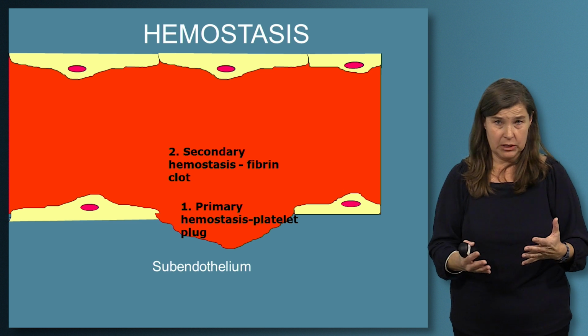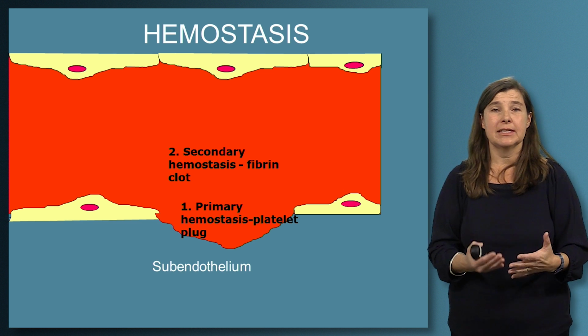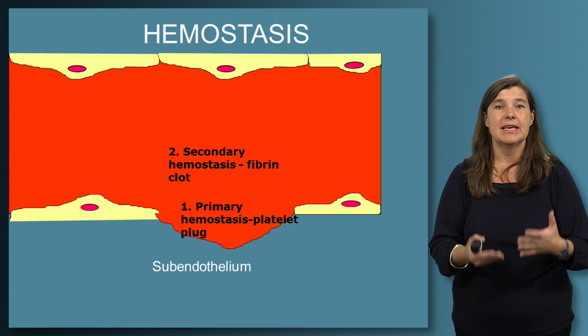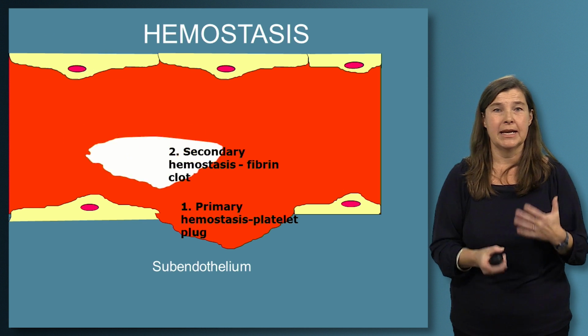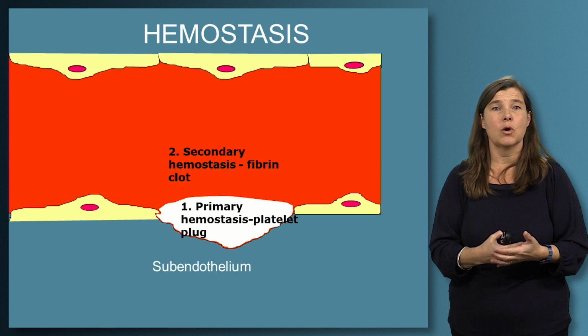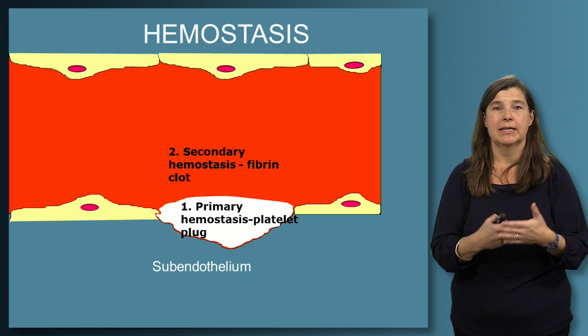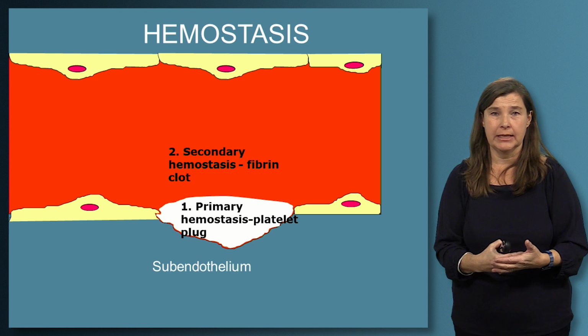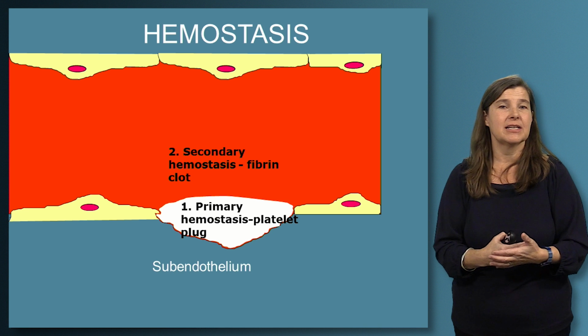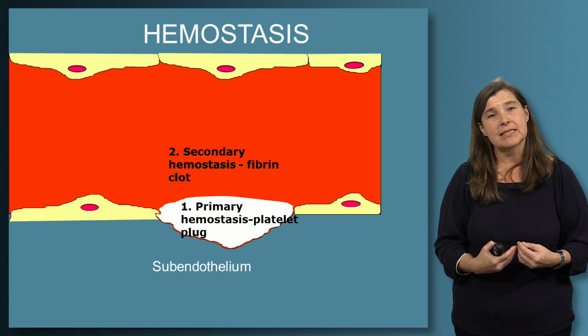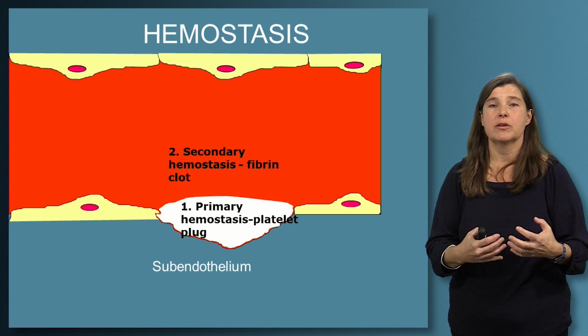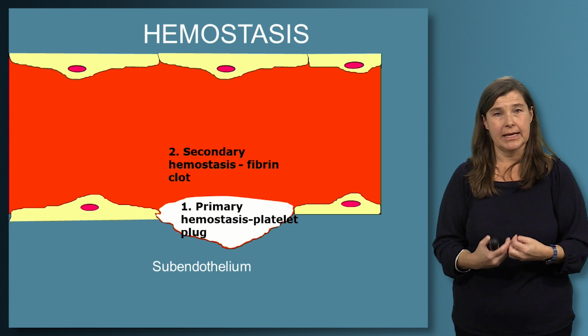There's been damage. The first thing that happens in hemostasis is a platelet plug gets formed, and it comes along and plugs the hole, and it gives you quick, temporary relief from bleeding. But that isn't designed to last a long time. And unless something else happens, it's going to break down and you're going to start to bleed again.